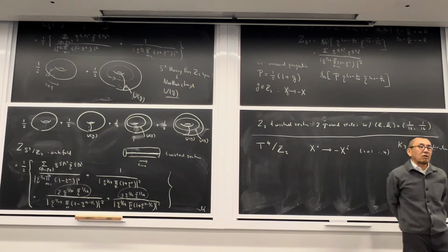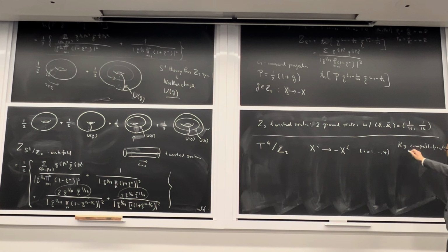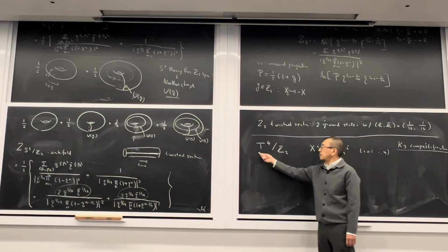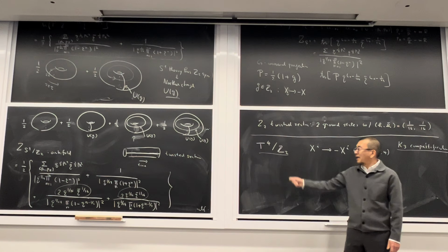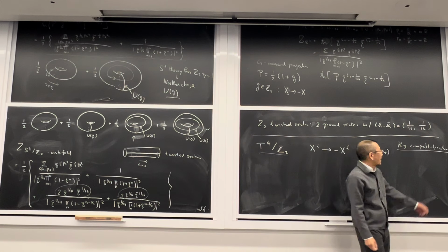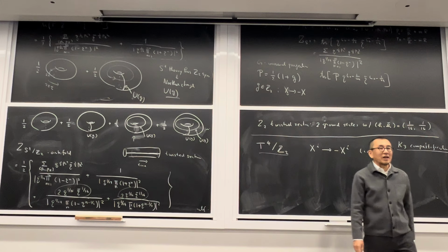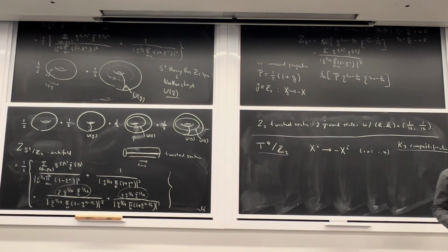Just like Narain compactification, the K3 compactification comes with a single connected moduli space. And in fact, this simple geometry is in the family. So by understanding this compactification, it can give us some insight into this more general complicated family of compactification. So this is the first step in understanding.